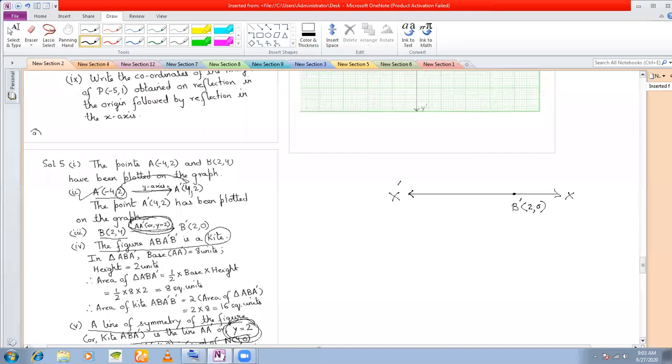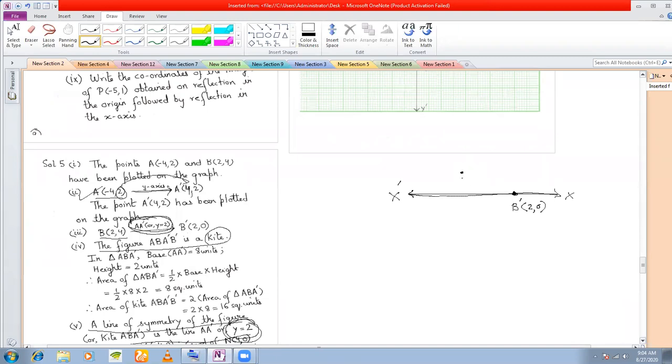Now, if I reflect B dash on this x-axis, the image is going to be the same, B dash, right or wrong? Because it is on the mirror line. I told you this definition of invariant point, isn't it? So any question here? No, sir.